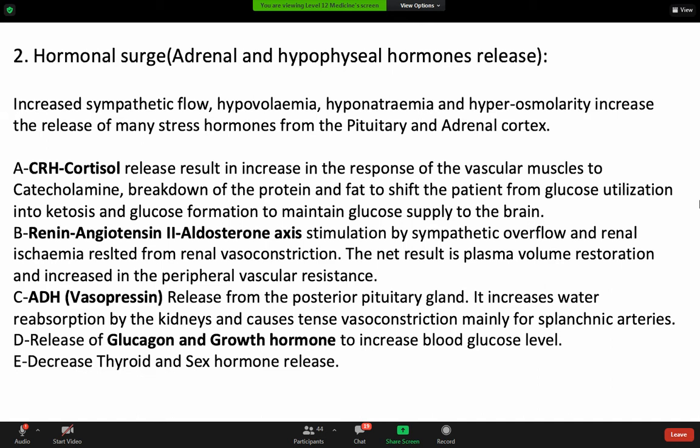ADH and vasopressin will increase, and they will increase the water gain and the volume.